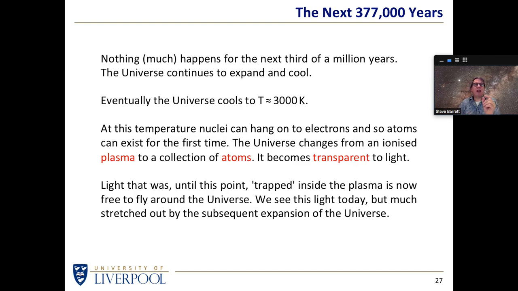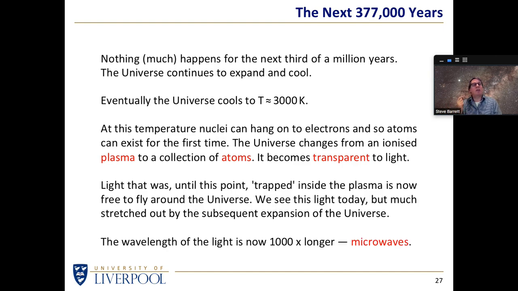So instead of having a wavelength of order microns, that light now has a wavelength of order millimeters. In other words, that light is not seen as visible light, it's seen as microwaves, simply because that's what happens if you take light and stretch it 1,000-fold.